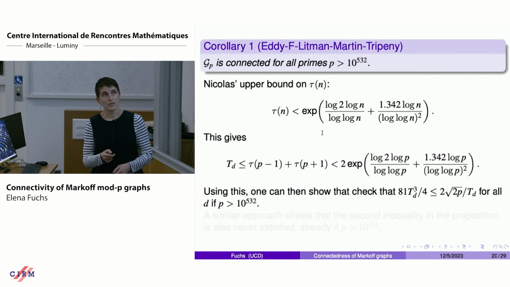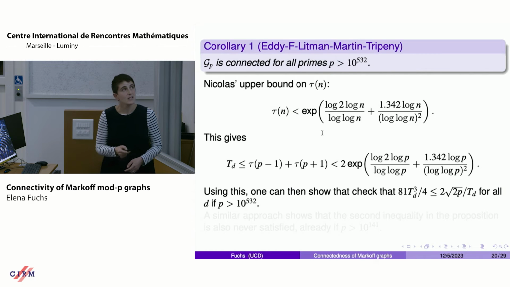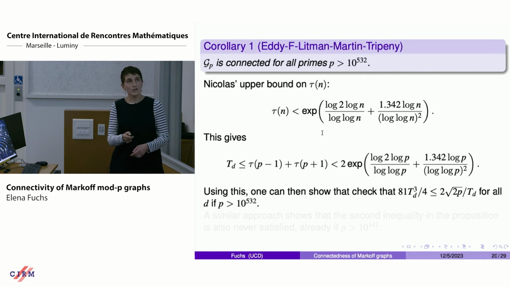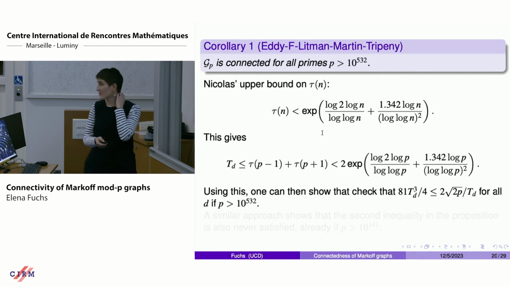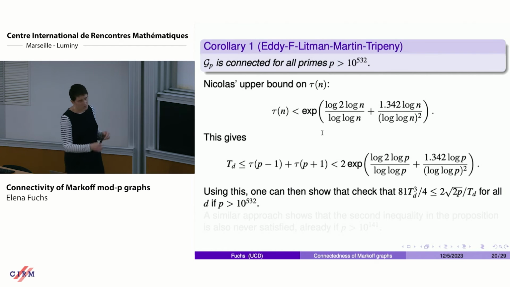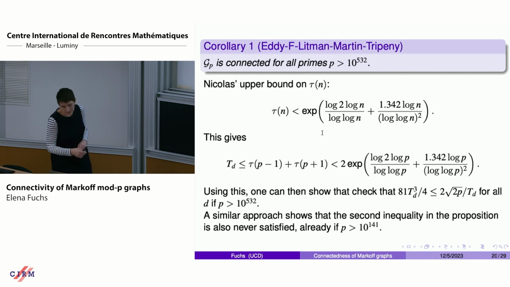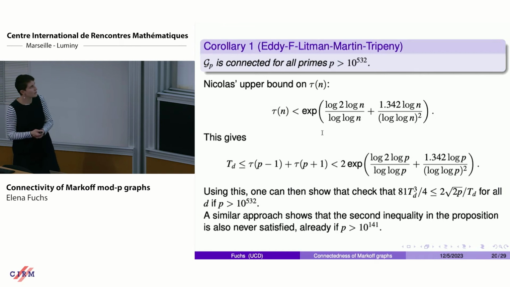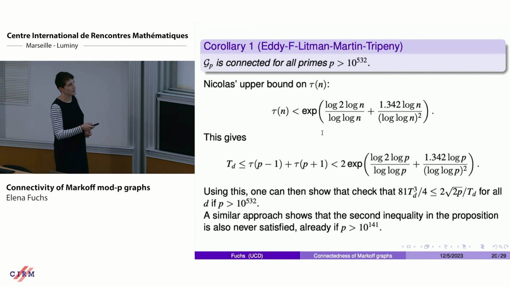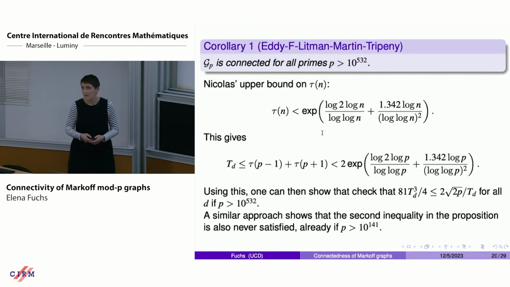So that's not going to happen if this inequality is true, and that is going to be true for P greater than 10 to the 532. There's that other inequality in there, but that second inequality, using the same approach, you can show it's already not satisfied for P greater than 10 to the 141. So that is not going to be the main obstacle here.